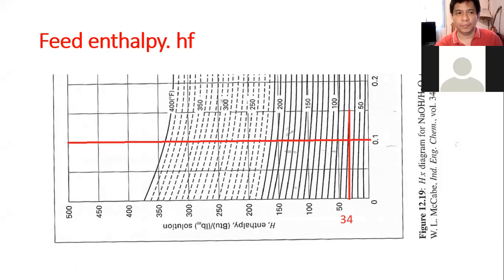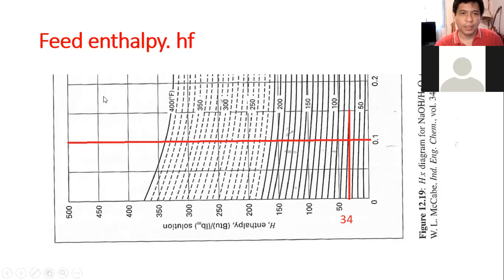Halimbawa, F times HF, so that must be equal doon sa lumalabas. Di ba merong vapor, so vapor times HV, tapos plus yung liquid, yung concentrated liquid times HL.